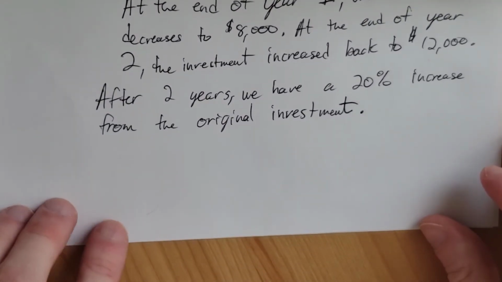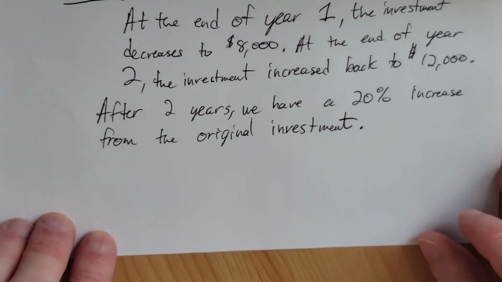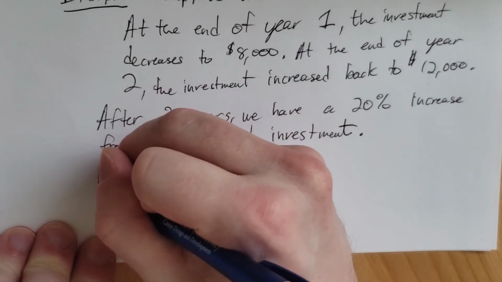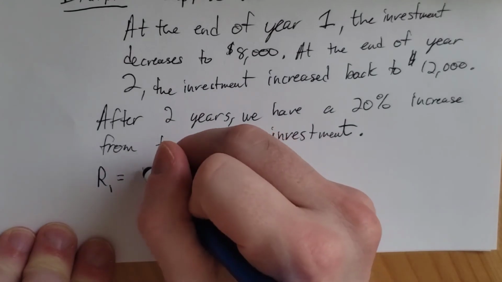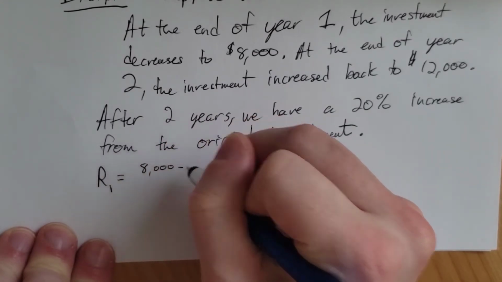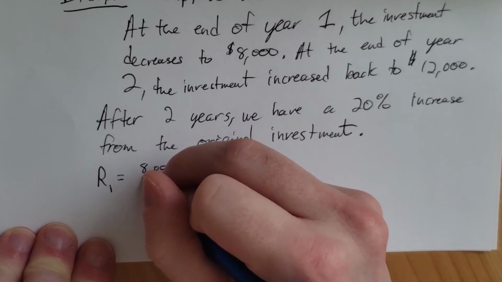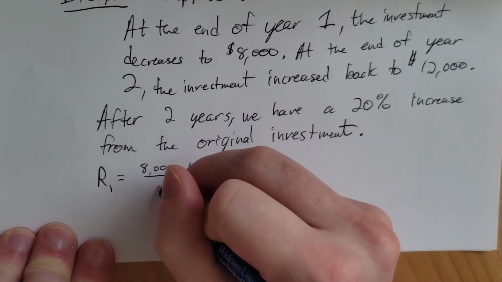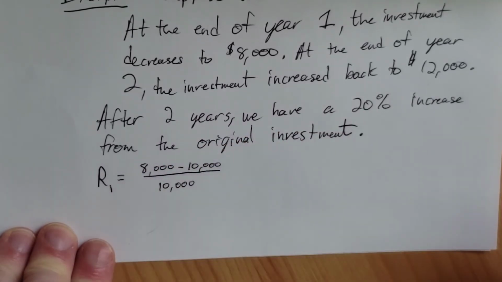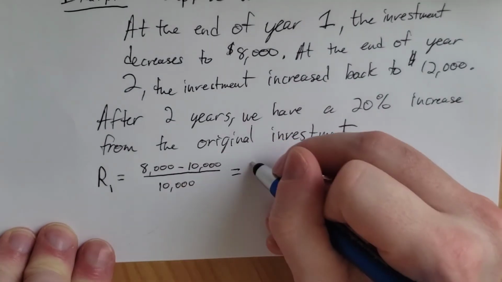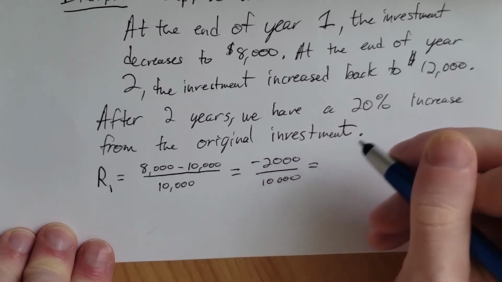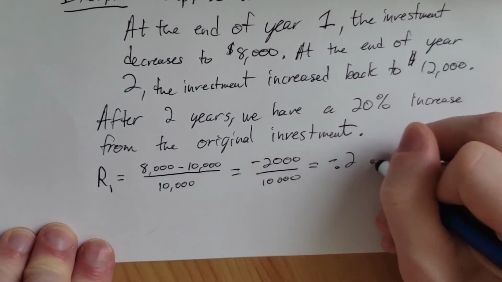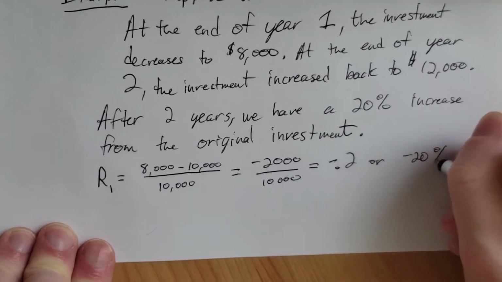So the first thing we want to do is find the rate for each year. So what was the rate of increase for each year? Well, that is the ending value for that year minus the starting value for that year, divided by the starting value for that year. So R1 is negative 2,000 divided by 10,000, which is negative 0.2 or minus 20%.